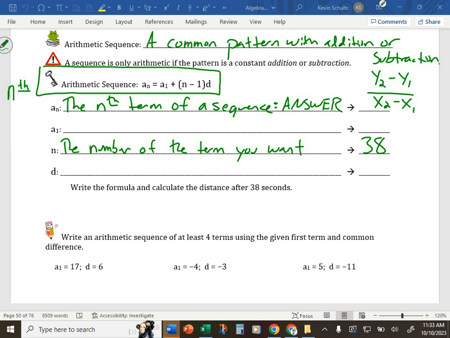Formula for slope. That y2 and y1, those aren't powers. You're not squaring y. In that formula, what do the 2 and the 1 represent? First or second, right? So here it's the same thing. When you have a lowered number, it refers to order. We want the first term of the sequence.